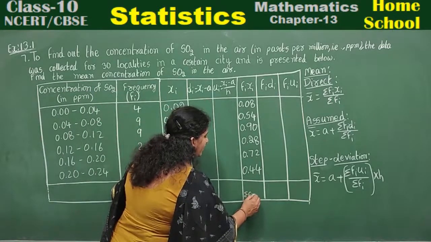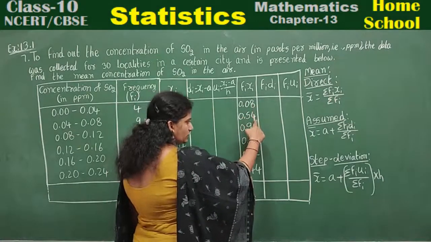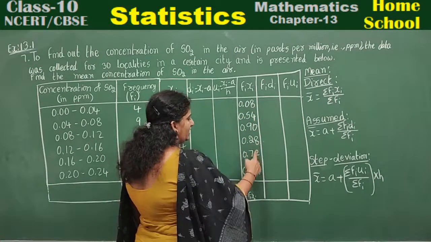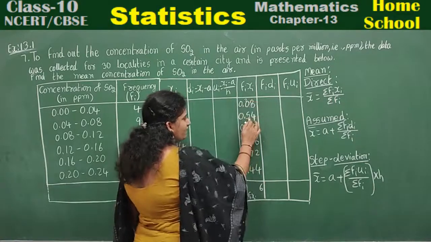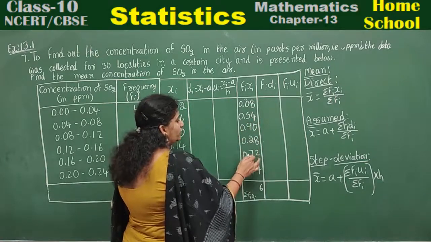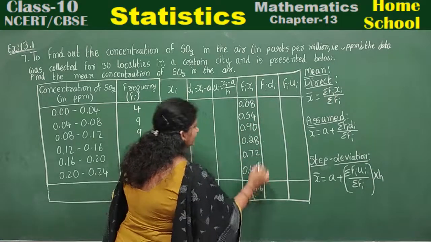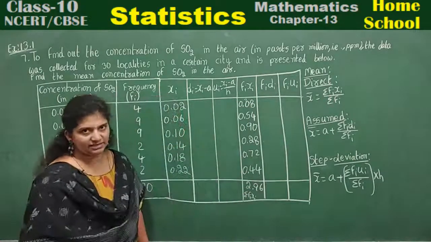Okay. Now add this column, summation Fi Xi. Add all this. 8 plus 4, 12. 12 plus 8, 20. 22, 26. And 2 here. 2 plus 5, 7. 7 plus 9, 16. 18, 25, 29. And here it is 2.96.